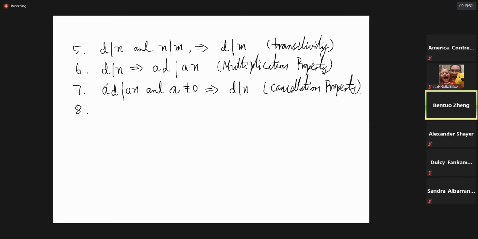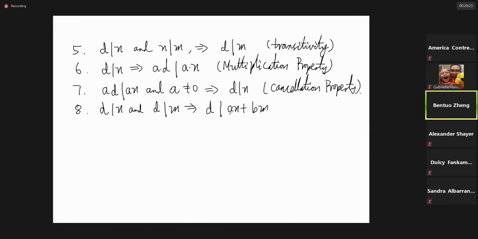So number 8 is linearity. Linearity means if d divides n and d divides m, so if d divides two numbers n and m, then this implies d divides its linear combination. That is, d divides an plus bm.